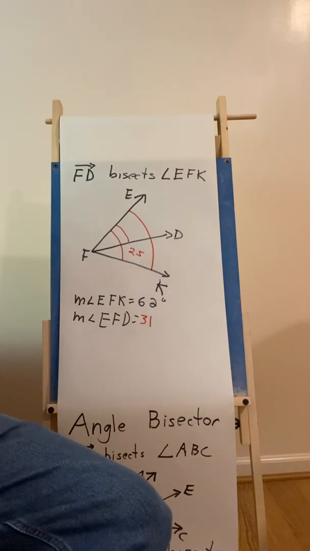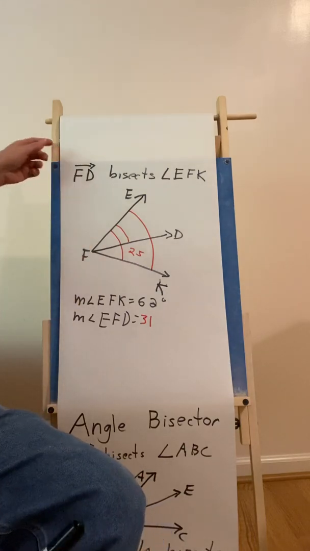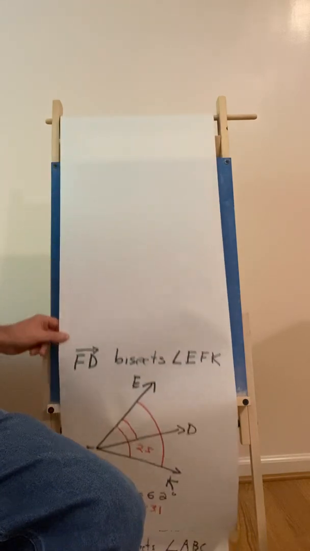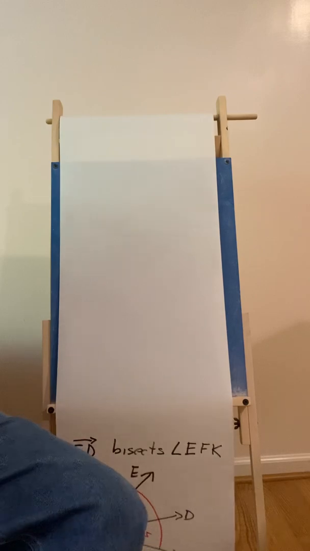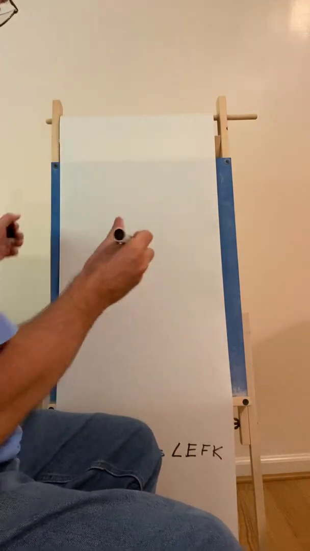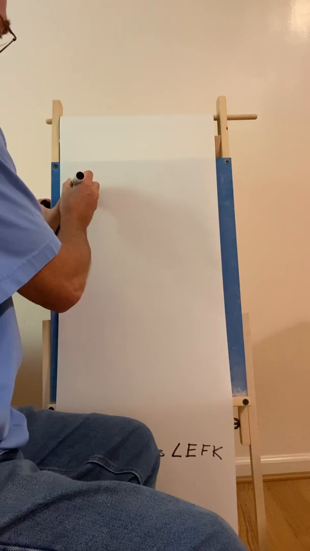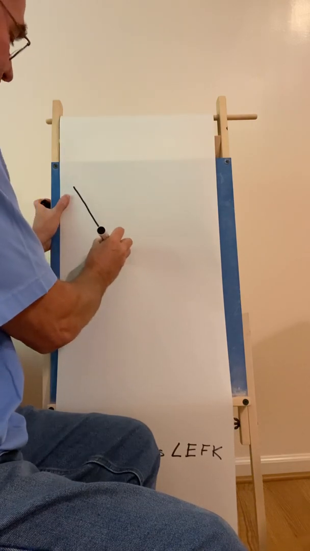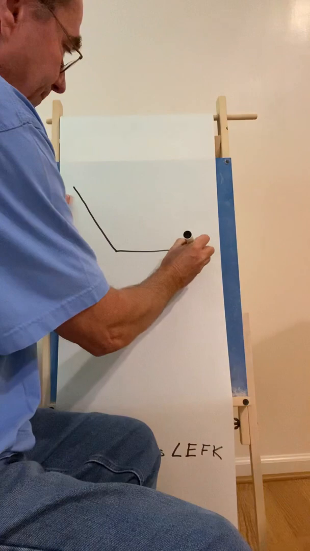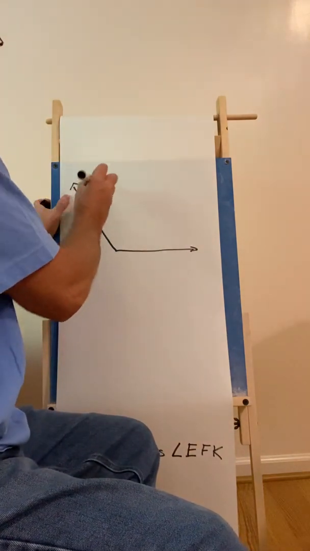Yes. All right. Now, if you thought that was too easy, I don't know if anyone thought that, but if you did, let's try this one. I'm going to draw first an obtuse angle. Remember, obtuse is greater than 90.